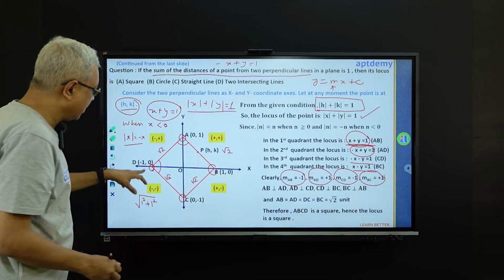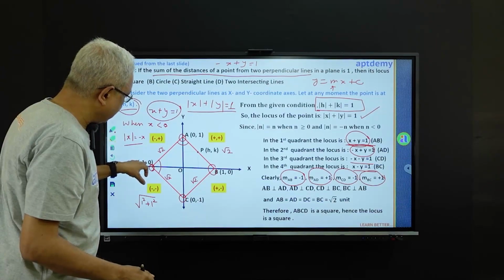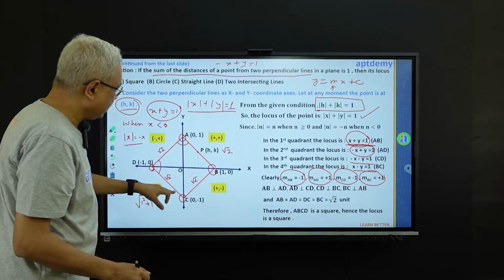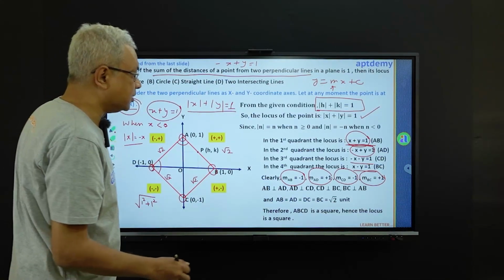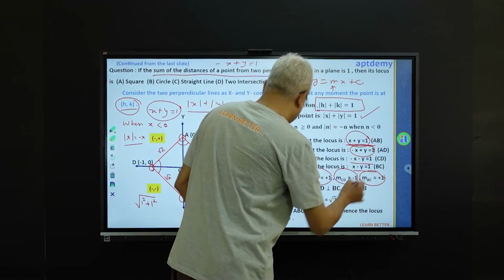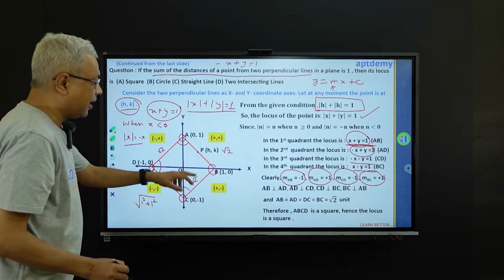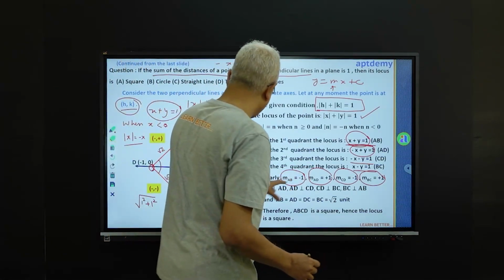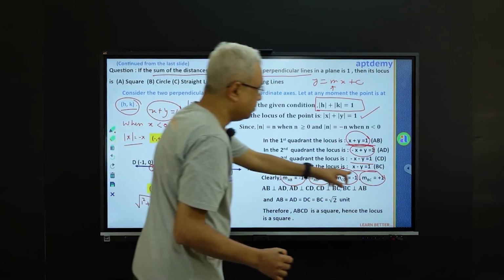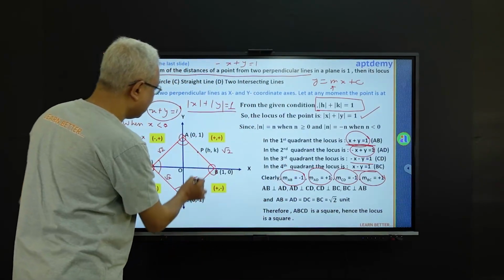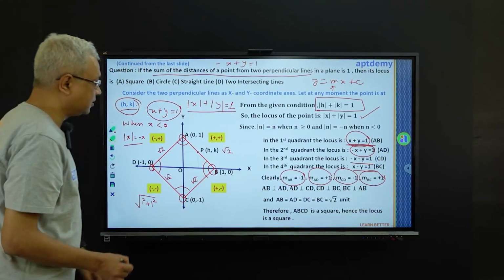And similarly, the gradient of CD multiplied by the gradient of BC is -1. So this angle is also 90 degrees. And the gradient of AB and the gradient of BC multiply to -1. So this angle is 90 degrees.